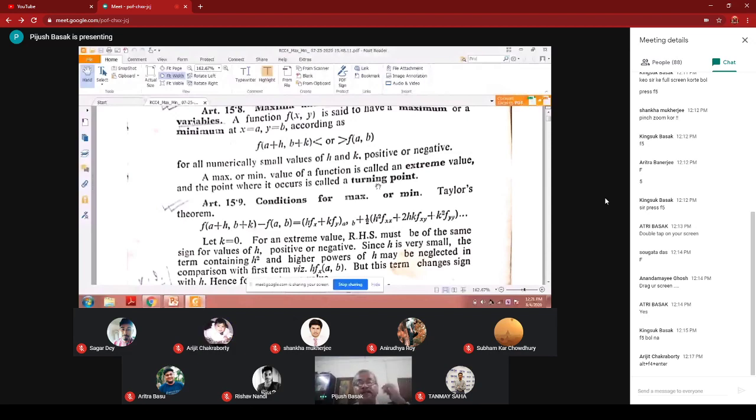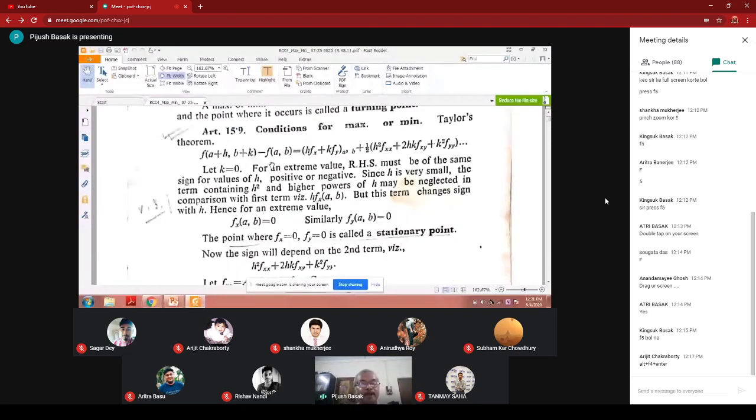Then consider the maximum minimum. Taylor's theorem we have discussed in our earlier class: f of a plus h, b plus k minus f of a, b. That is, f of a, b was on the right side. Now it is on the left side, just for mathematical convenience.